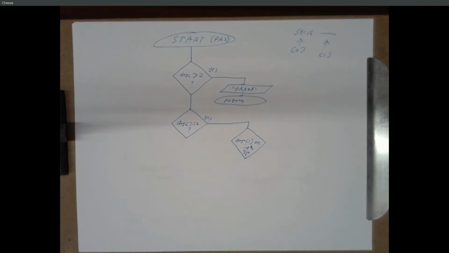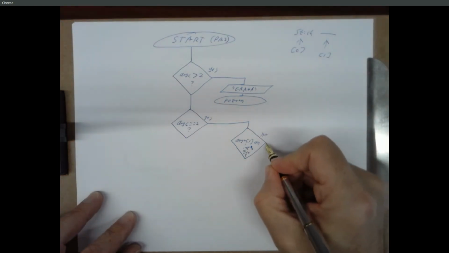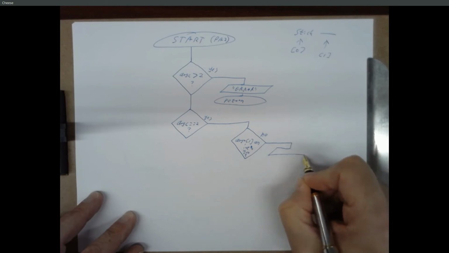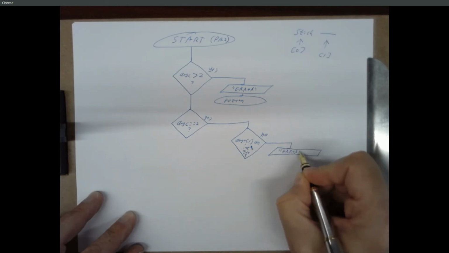So is argv bracket 1 an integer greater than or equal to 10? You've got to write a bunch of C code to do that, scanfs and all sorts of other stuff. But is this thing a valid integer within range? And if it's not, what do we do? Error and return.